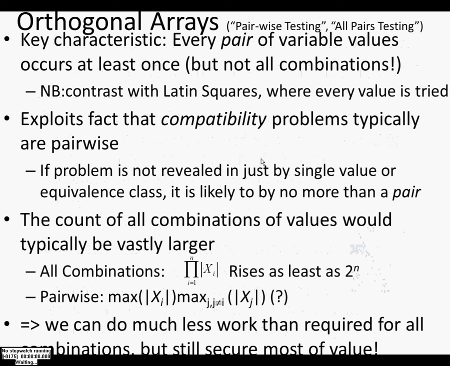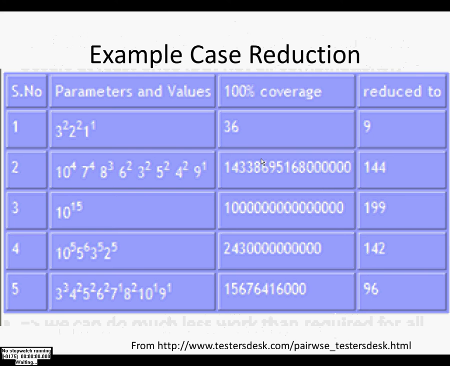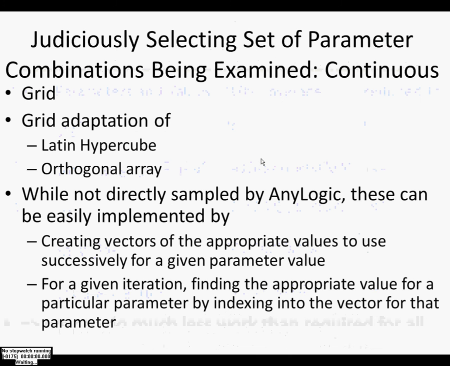It's not all possible combinations that reveal the problem, but just looking at a particular pair. In this sort of work, it's often the particular pair of values that causes the interesting behavior. Okay, and it turns out that there are various clever ways to generalize it.